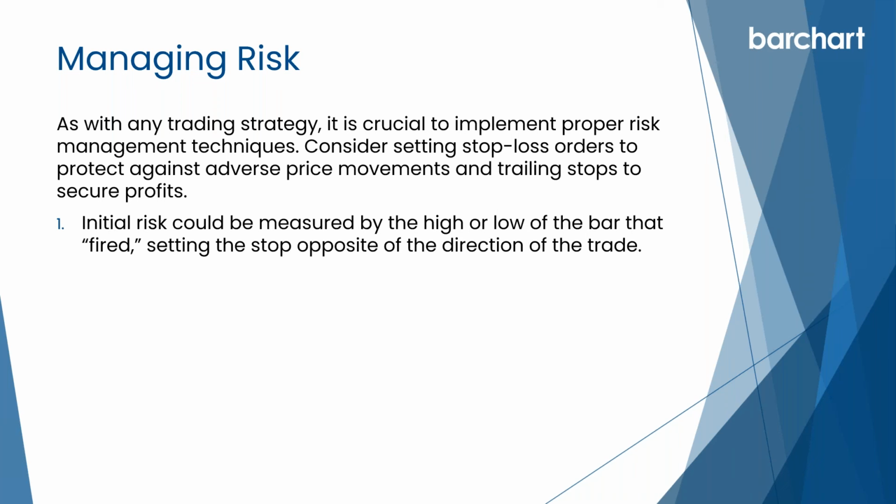So one of the things you can do is look at our initial risk, and that could be measured by where the high and the low of the bar are that gave us that firing, that green dot. Then we set our stop opposite of the direction of the trend. In other words, if I get a buy signal, I'm going to set my stop below the low of the bar that gave me that firing. Now, I might not set my stop right on the low. I might use a risk tolerance based on my personal trading profile.